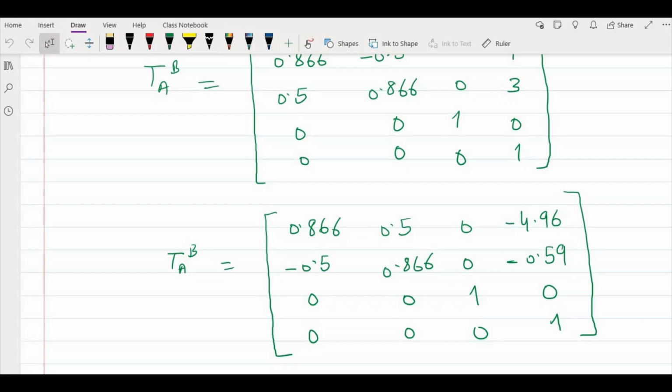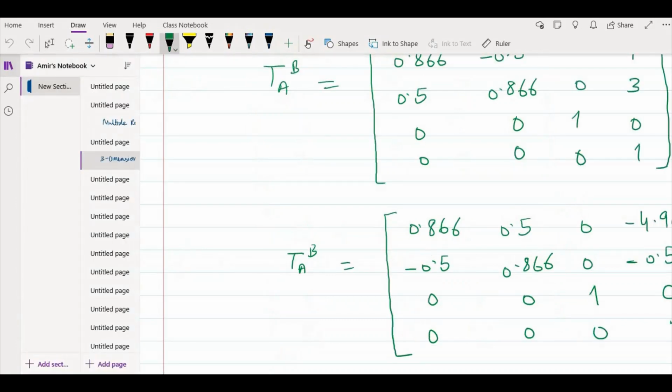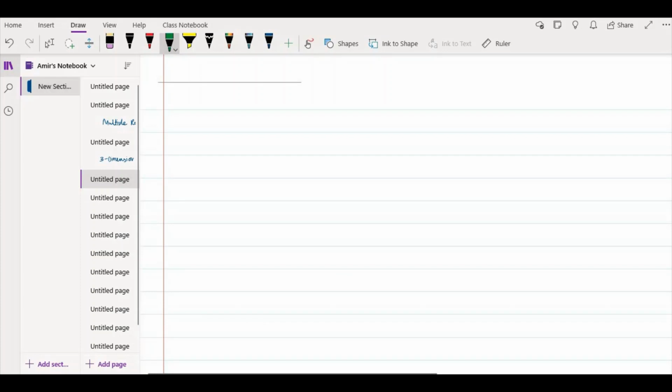Okay, so now let's talk about a new method for forward kinematics.